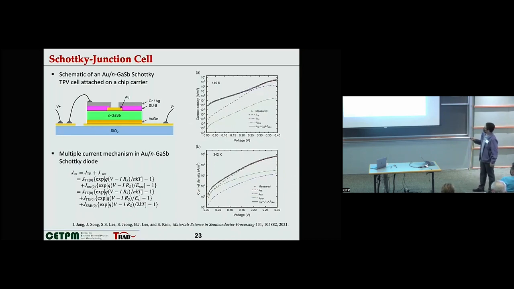So we use gallium antimonide and gold as a metallic thin film, and form the Schottky junctions, and characterize the dark current using thermionic emission and a secondary component consisting of tunneling and SRH recombination, and we are able to fit the IV characteristics of our cell.